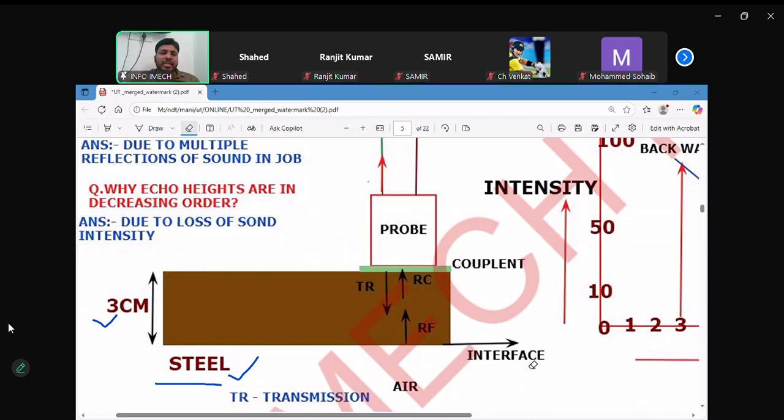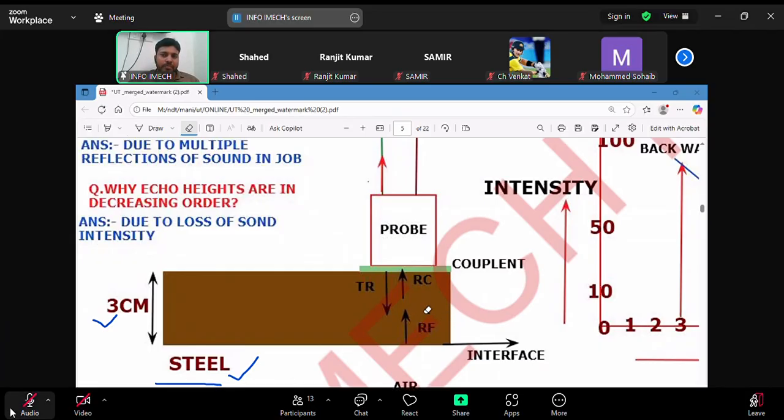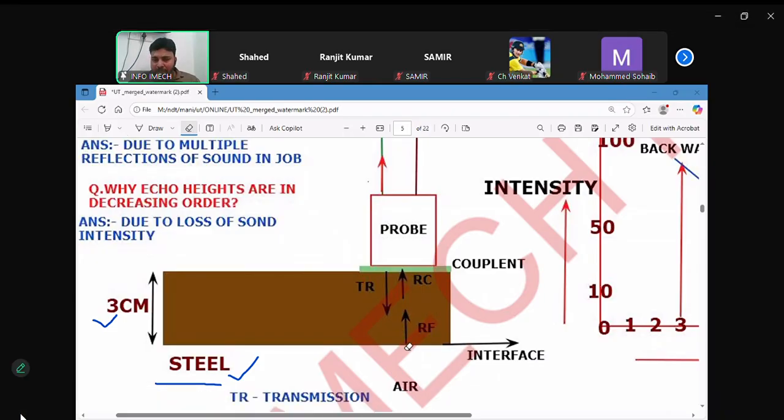When sound touches the interface, what will happen? It will reflect. The sound reflecting from the back wall of the material, or back interface, will reflect back to the probe.